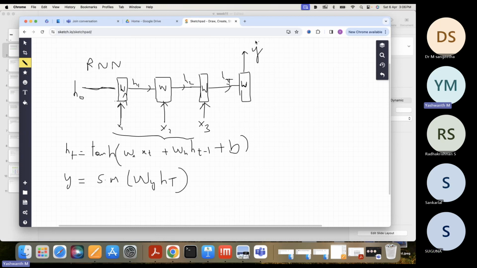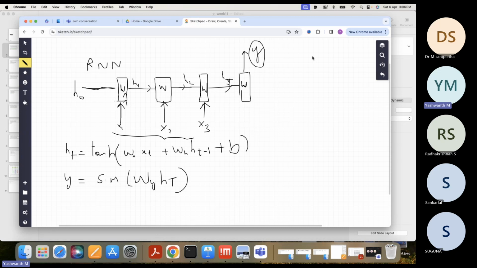What is a typical example of this? Recommendation systems, or movie reviews. Somebody writes a movie review and you want to rate it between 0 to 5, or 1 to 5, whatever.